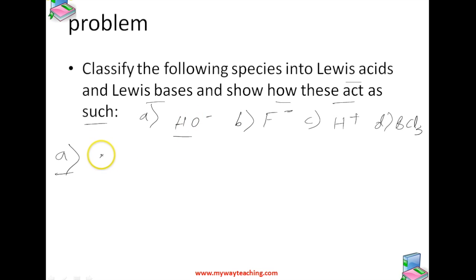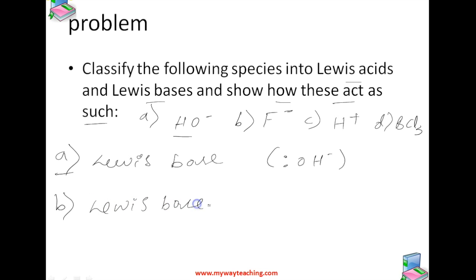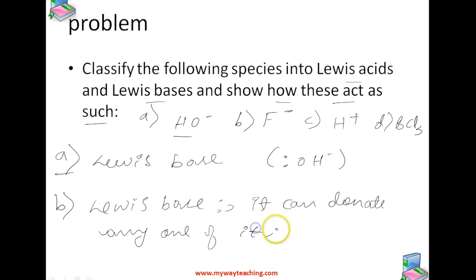It can donate a lone pair of electrons. Okay, so this is a Lewis base. Next, fluoride ion is also a Lewis base as it can donate any one of its 4 electron lone pairs.